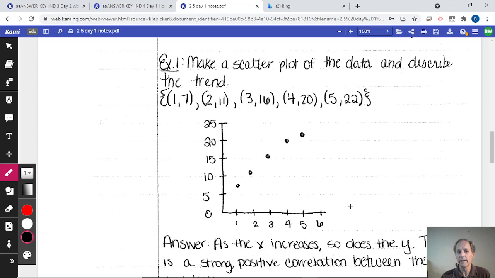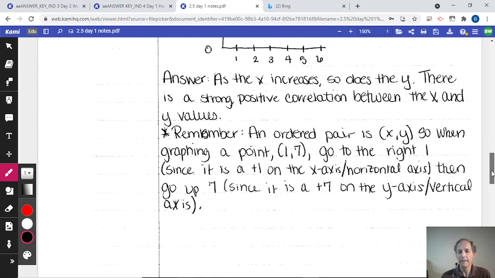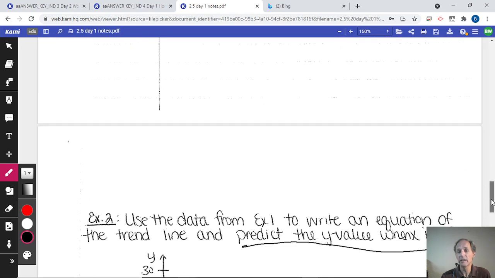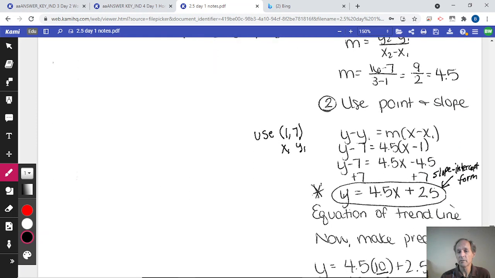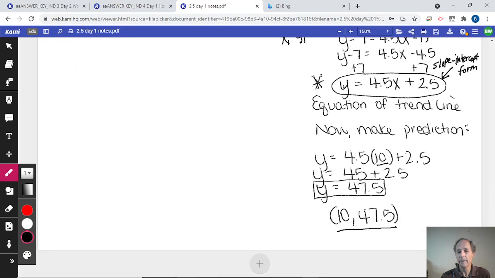But what if we had an x value of 10, way out here somewhere? What do we think y would be? And so we've made a line. We've written the equation of that line by using a couple of those points. And then once we have that equation, we can say, yeah, if x was 10, we're going to predict what we think y would be. And that's what this is.